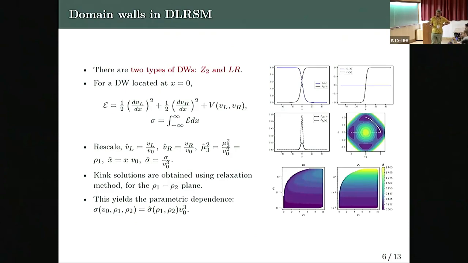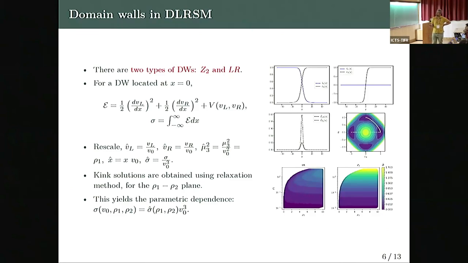So those I call Z2, which relate non-adjacent minima, and LR, which relate the adjacent minima. Okay, so we can write down the kink equations, which is basically a pair of equations for each of these types of domain walls, and we can compute the surface tension.